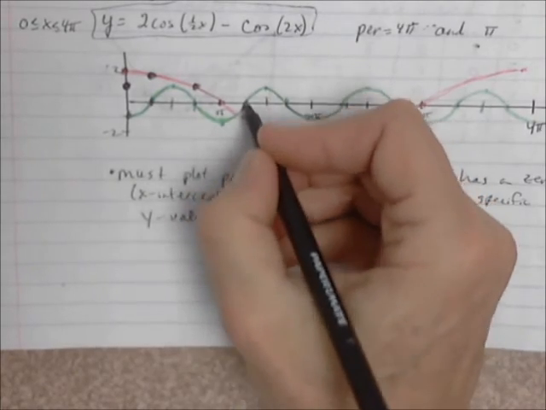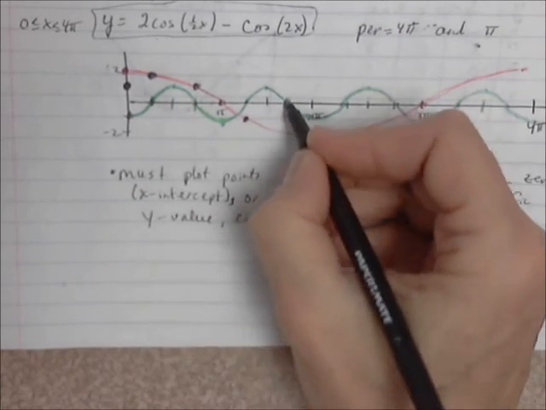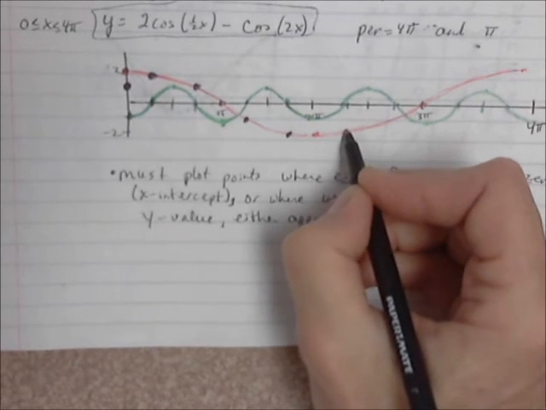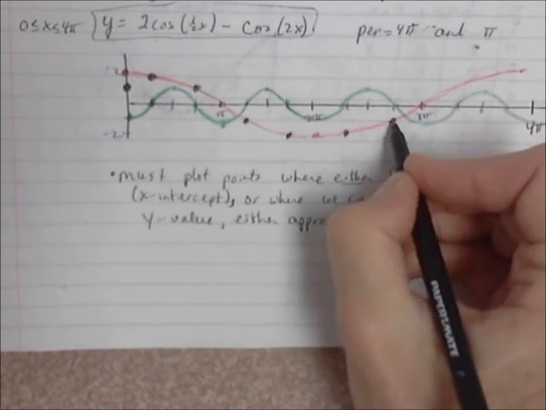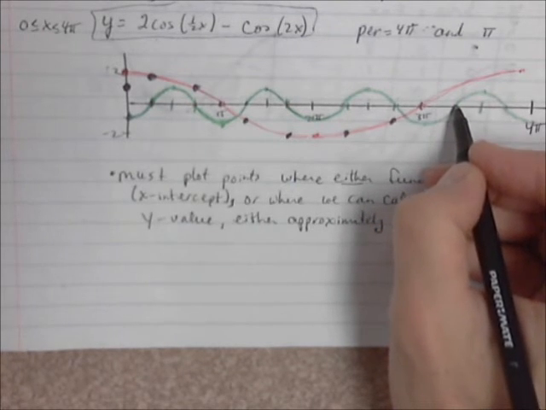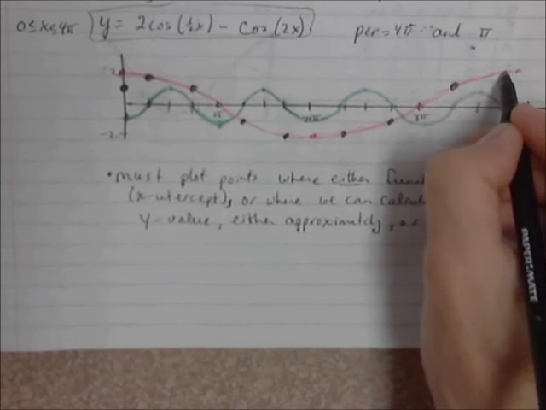Here's another 0 of the function. It'll be right on that red curve. Here's another 0. It'll be on that curve. Here's another 0 on that curve. So wherever the green hits the x-axis, our final point will be on that curve.